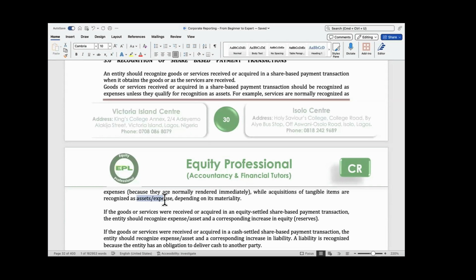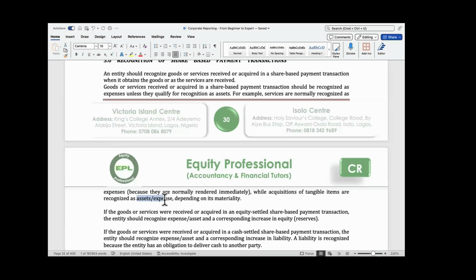But if it is a cash settled share-based payment, we said you would also debit either asset or expense, depending on what goods or services the entity has received, and you will credit liability. And I told you the reason why we are crediting liability is that there is a promise to pay cash, though the amount of cash is dependent on the share price of the company.